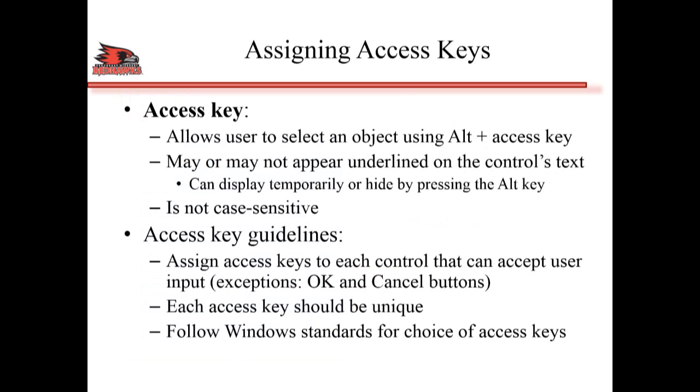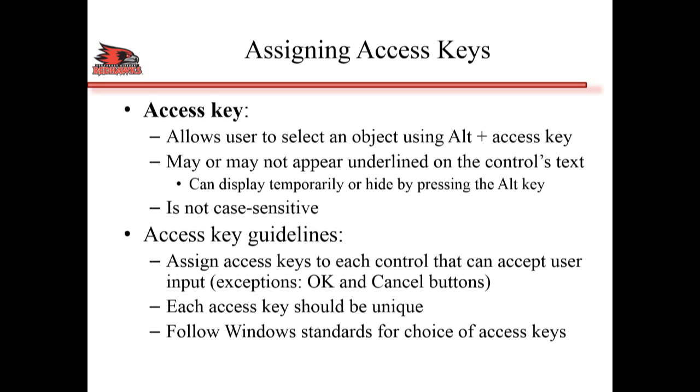So access keys allow the users to select an object using the Alt key and whatever access key you define. It may or may not appear underlined on the control's text depending on how you have designed your program, and it may also display temporarily if you just hit the Alt key.